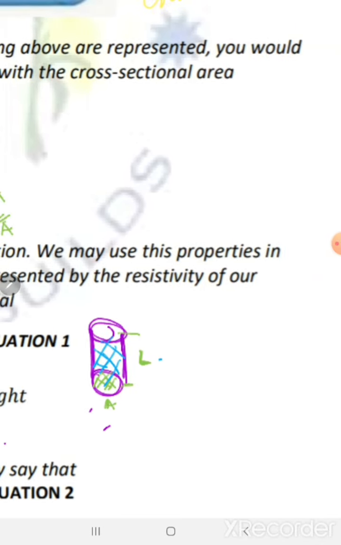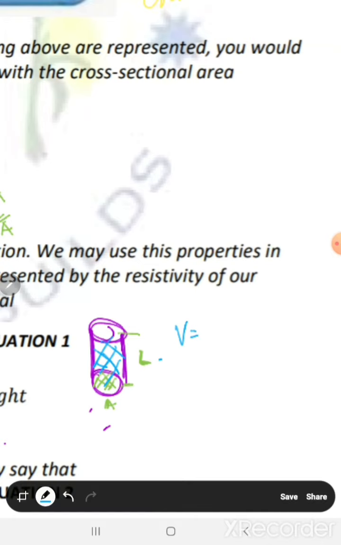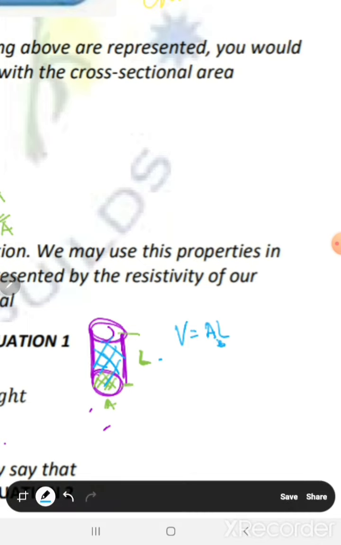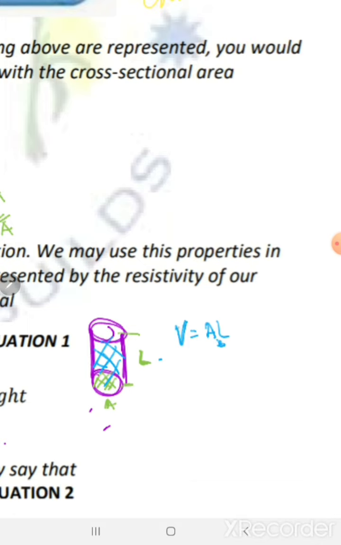Wherein the volume of this figure of a cylinder, or any closed surfaces, or any regular solid, is equal to area multiplied by length, or area of the base multiplied by height. But what is volume?